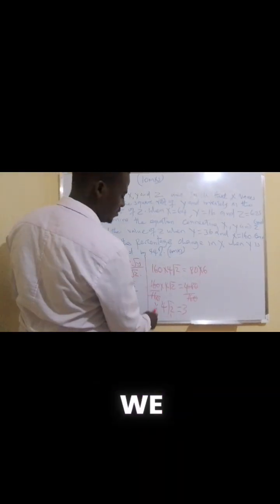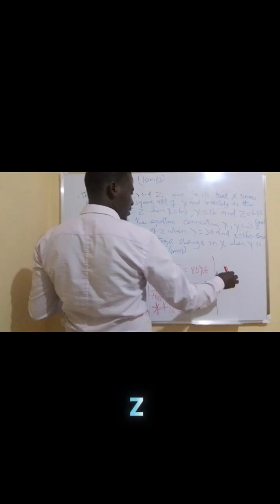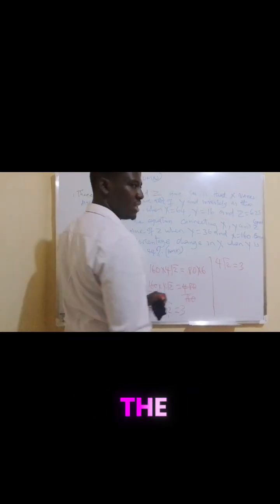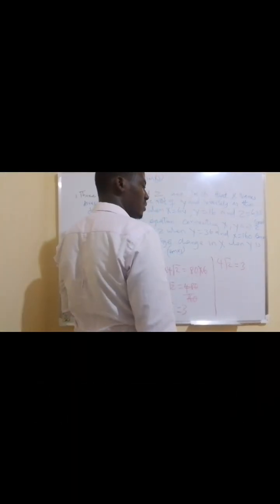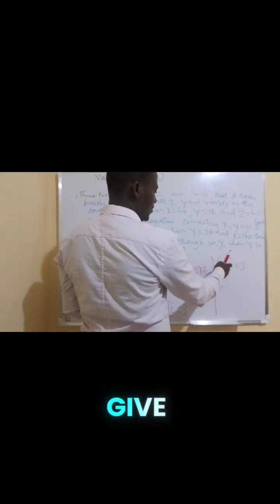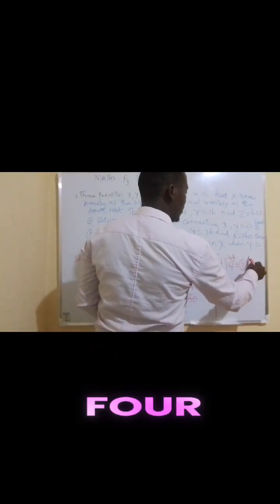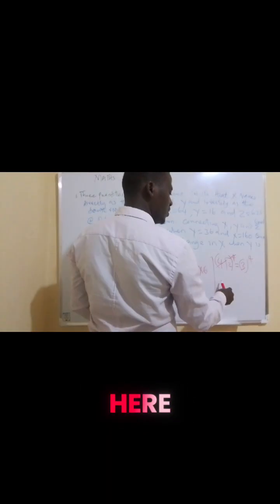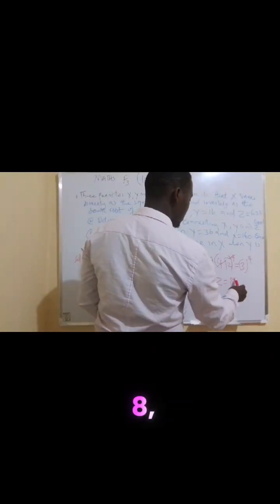Now we move forward and get the value of z. We have the 4th root of z equals 3. When you take the 4th root of a number, to get z again you raise by 4 on both sides. So z equals 3 raised to the power 4, which is 81.